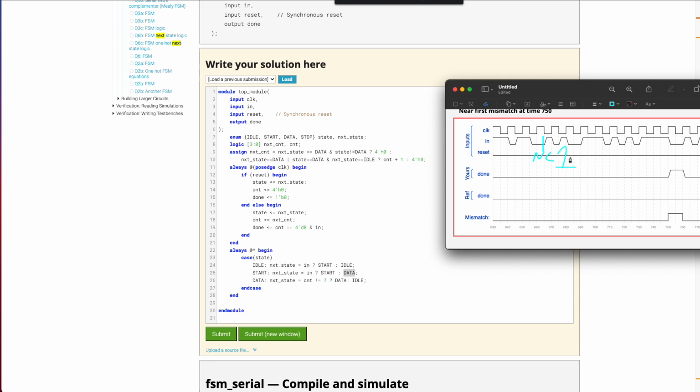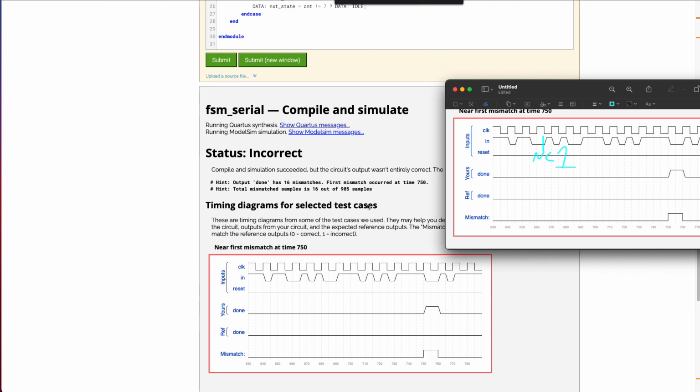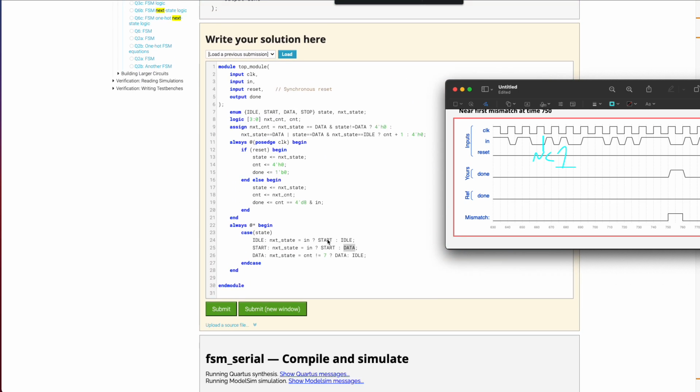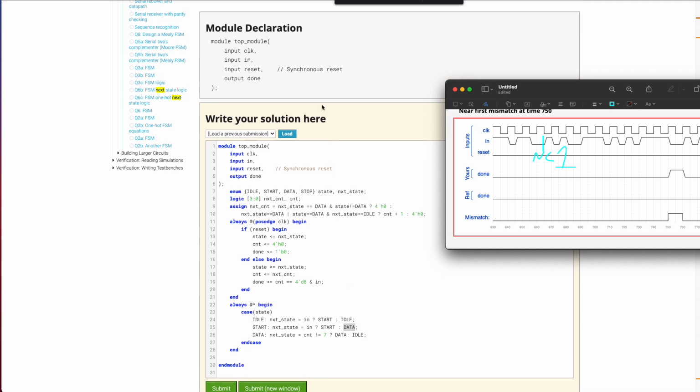so my count was 0 for some reason, meaning I am next state data and my state isn't data, but my next state is data and my state isn't data, there's only this start state. Start to data is the only thing that satisfies this.